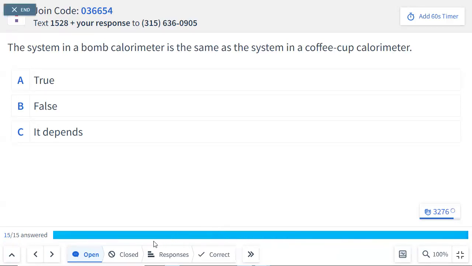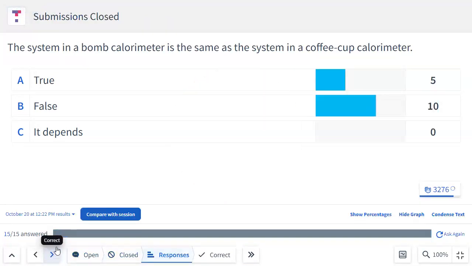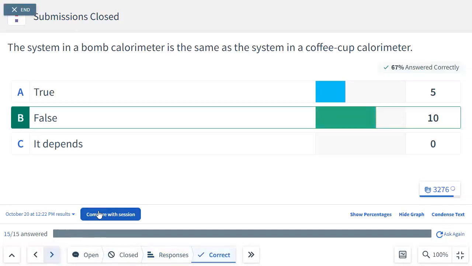All right, let's see how we did. Okay. Kind of split here. Kind of expected that. All right, the answer is actually false.